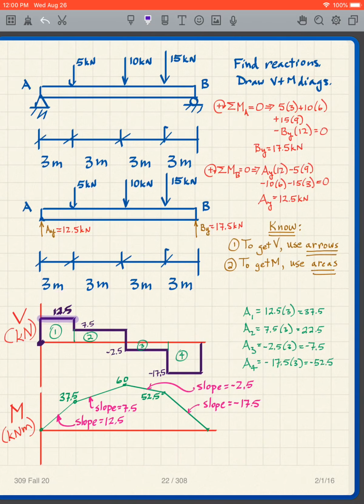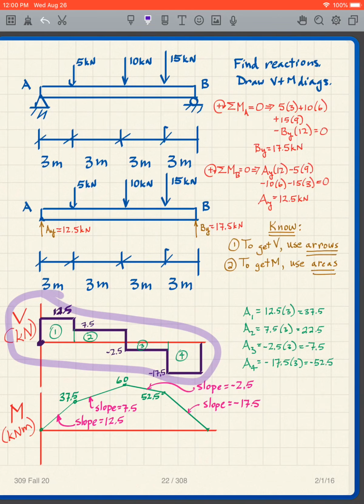Now, what is the value of this? We've done the shear and bending moment diagrams, but why are they valuable? Well, first of all, let's look at the shear diagram to begin with. And what do I find?